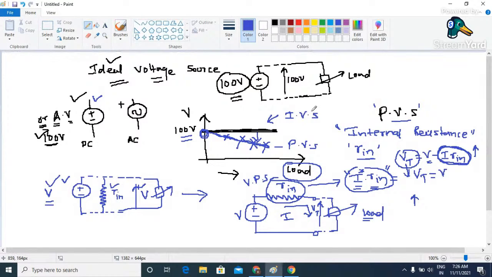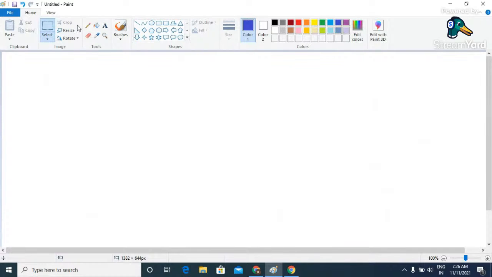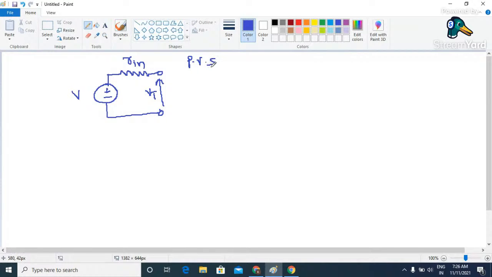Ultimately we conclude that if you have a practical voltage source, it must be indicated by this symbol: an ideal voltage source having a value V, then its internal resistance indicated by the symbol R in, and here we have a terminal voltage which is nothing but Vt. This is very important. So this symbol is for a practical voltage source. I hope this point is clear to everyone.